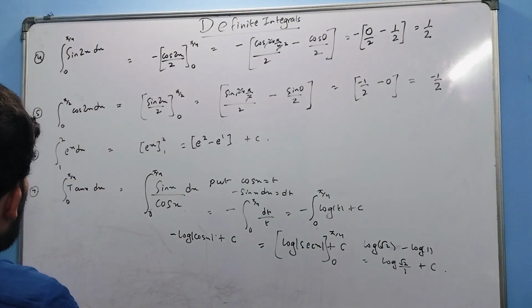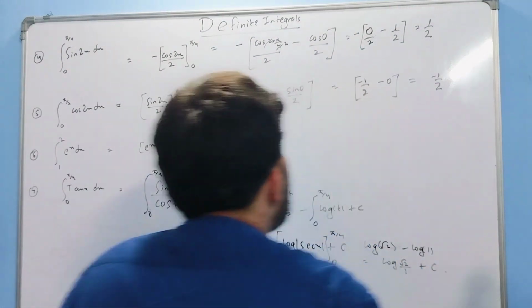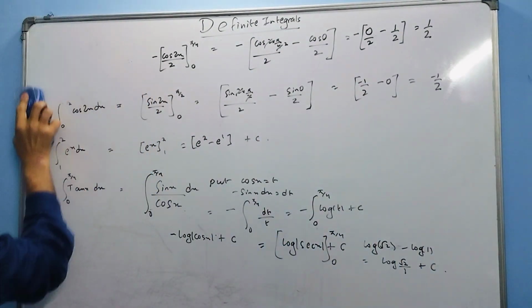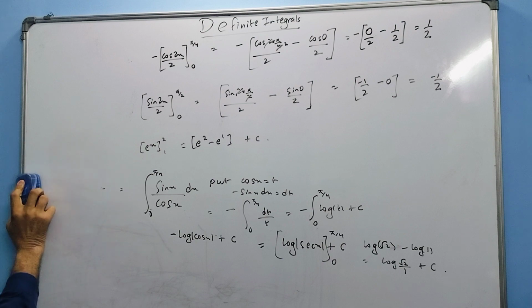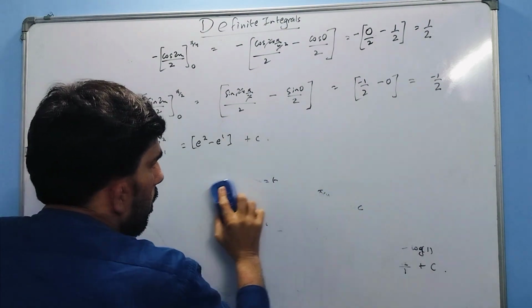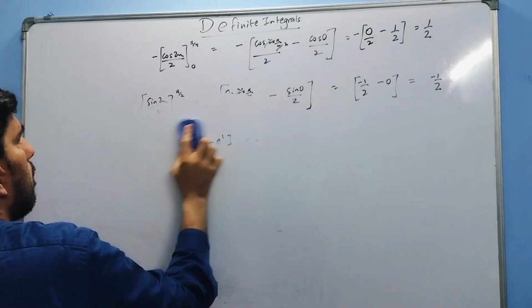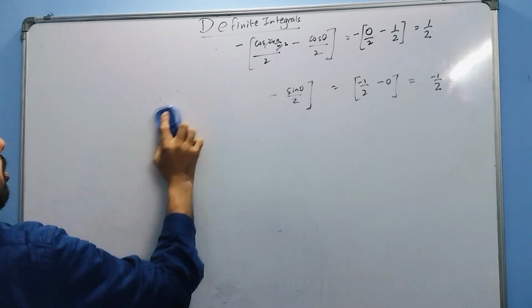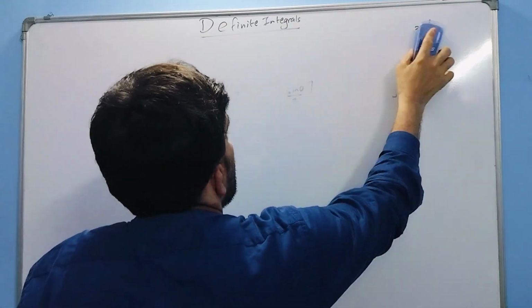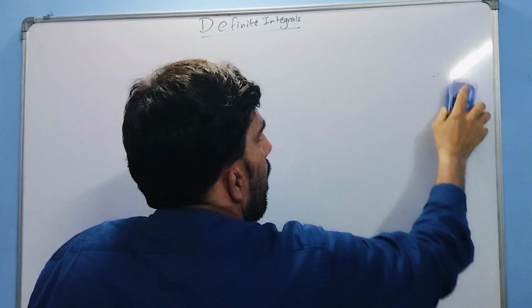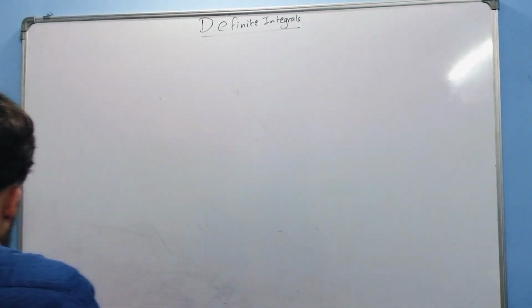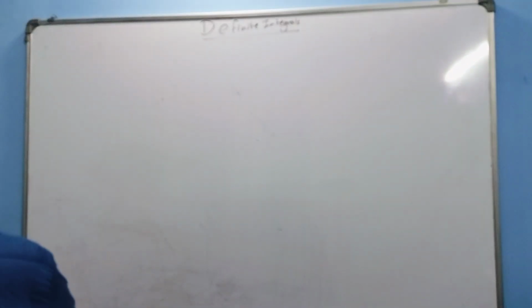Let us try to solve more questions on this. Let us see how we can easily solve. So now we'll try to solve the question here, that is we need to find the integral of cosec x.